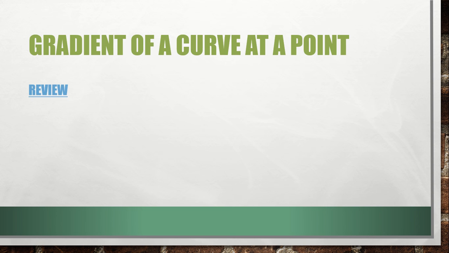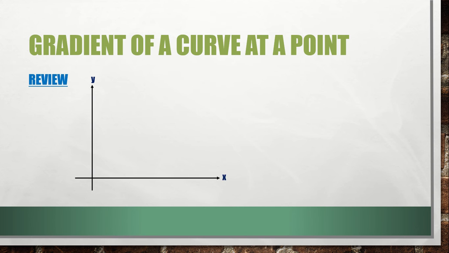But first we shall begin with a review, so that we may build upon what you know to what you don't know. First, you know how to calculate the gradient of a line. That's a straight line, a linear line, a linear equation.